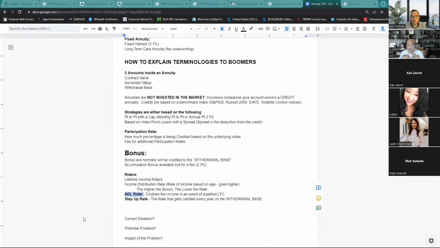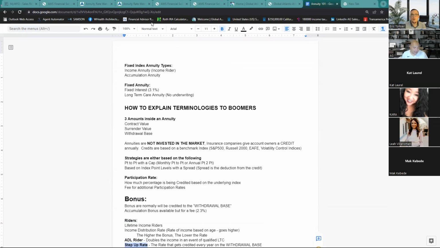Global Atlantic says we're gonna give you a 20% bonus on the first year, and 7.5% every year after that. Sounds awesome, right? That's basically them saying we're going to increase your withdrawal base by 50% over these first 5 years. Okay? These step-up rates, which is the 7.5% on Global or 7%, are not the contract.